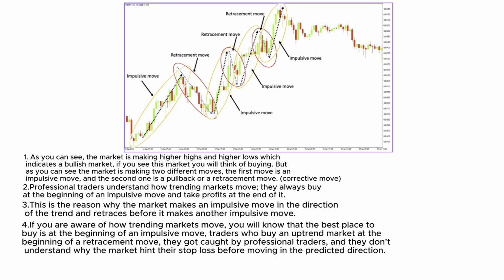If you are aware of how trending markets move, you know that the best place to buy is at the beginning of an impulsive move. Traders who buy an uptrend at the beginning of a retracement move get caught by professional traders, and they don't understand why the market hit their stop loss when it was moving in the predicted direction.